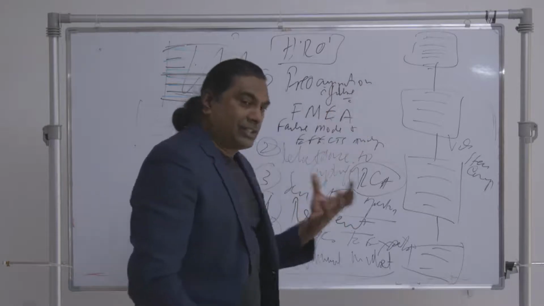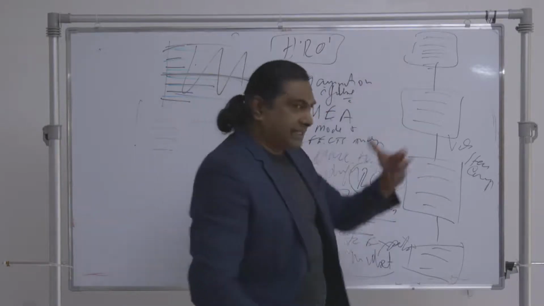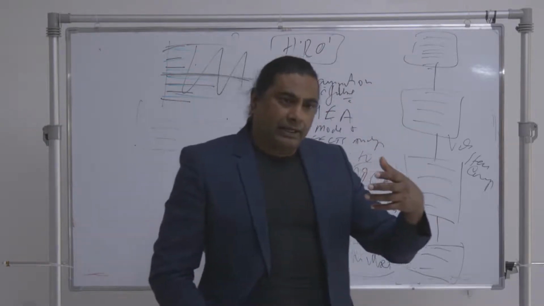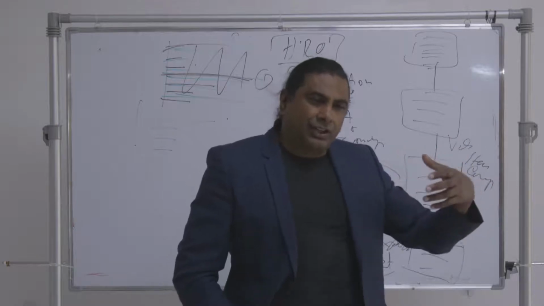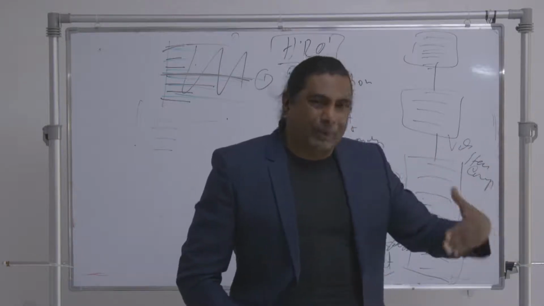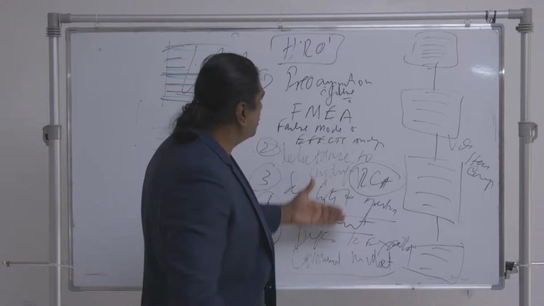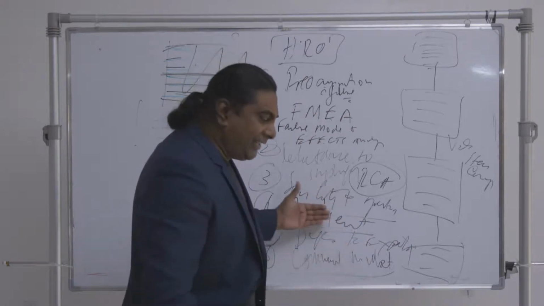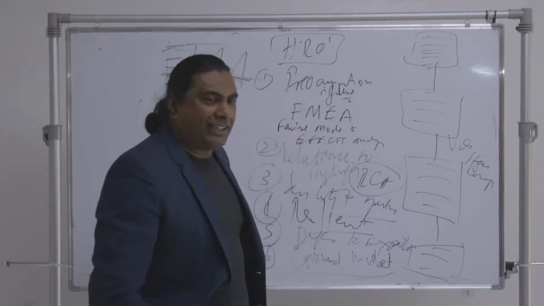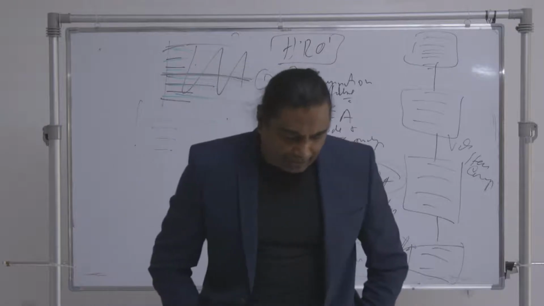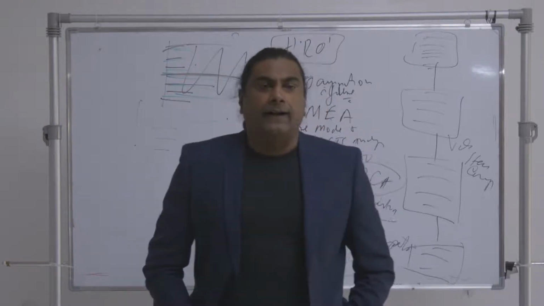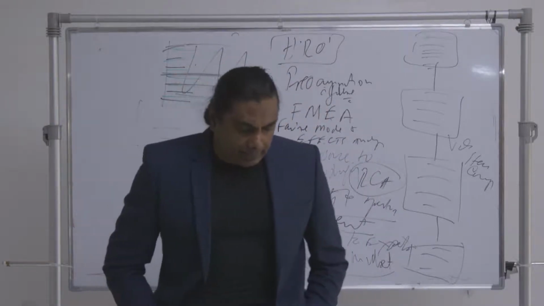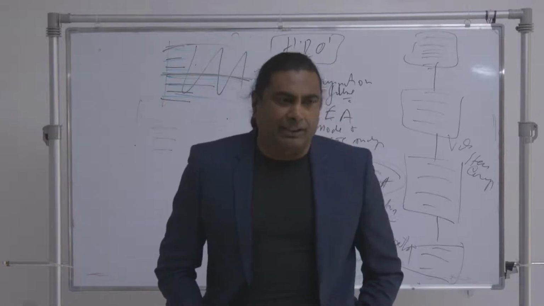But each one of these has a lot of theoretical underpinning and a lot of applied underpinning behind it. Okay? Does anybody have any questions about these characteristics of high reliability organizations?